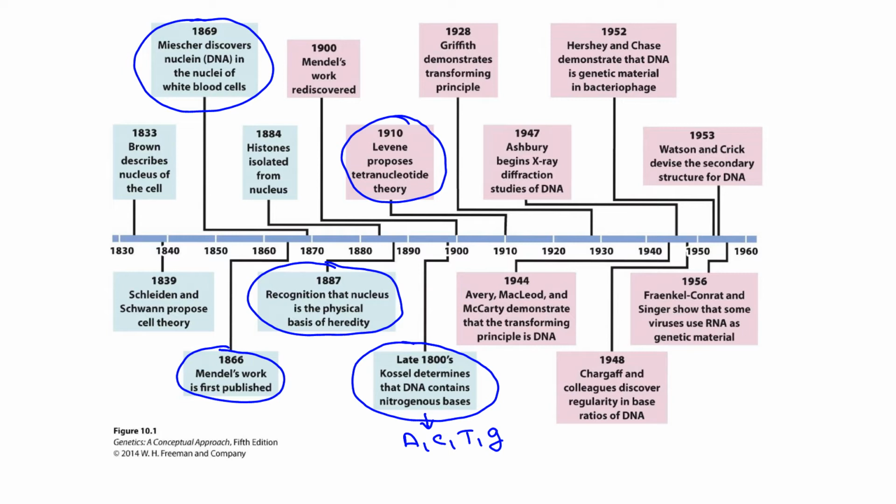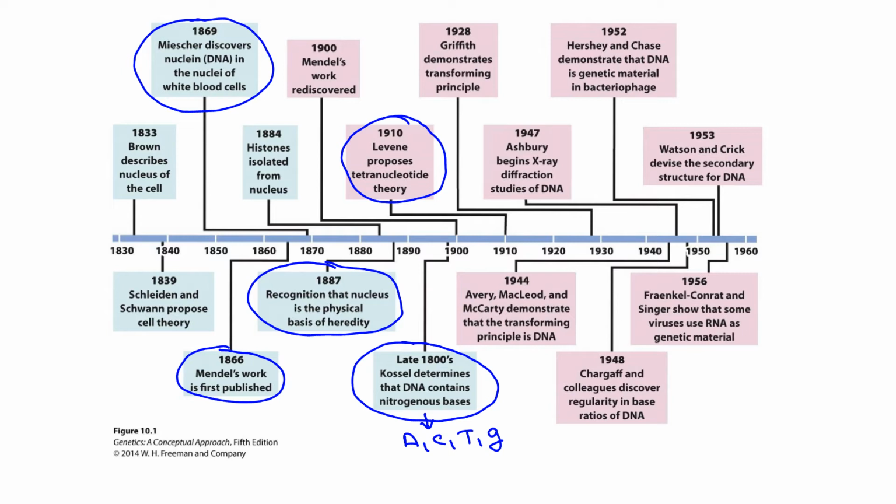It could not explain variability within genetic information. And actually, this hypothesis pushed forward the idea that protein, where you have 20 different amino acids which build them, might be a structure which is variable enough to encode genetic information.